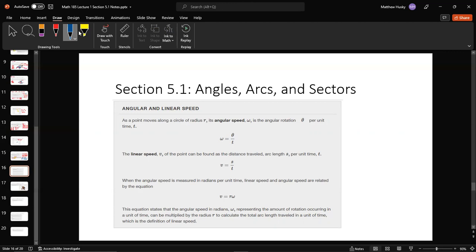Now, when you're measuring in radians per unit of time, the relationship between linear speed and angular speed is this.